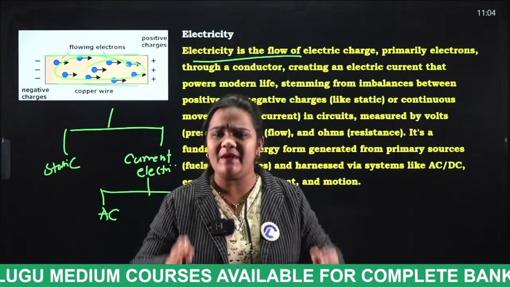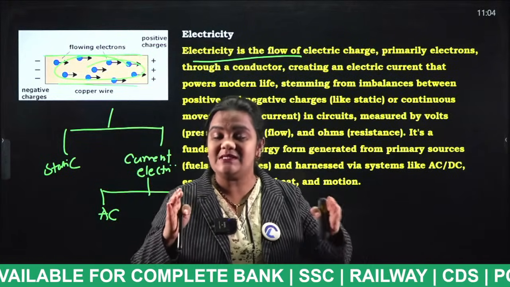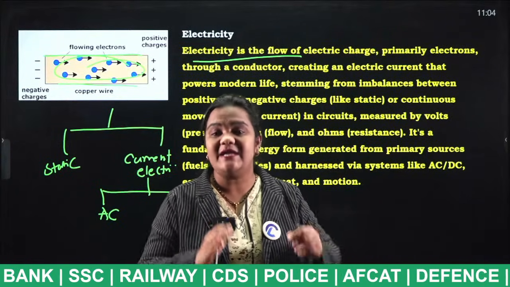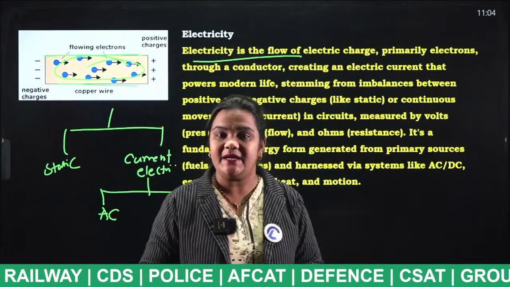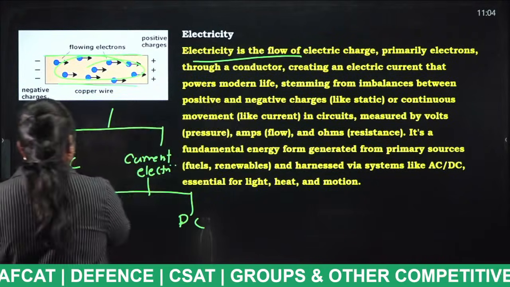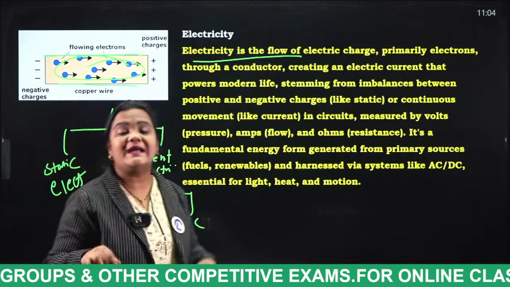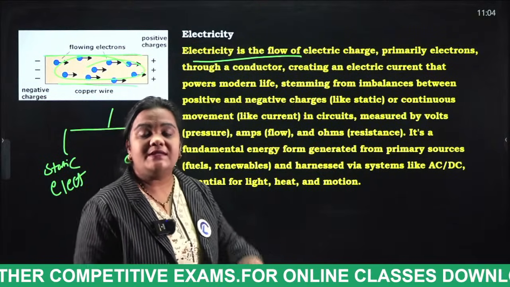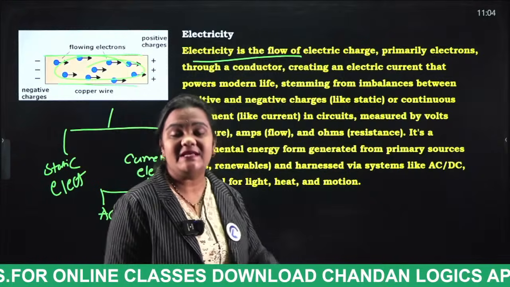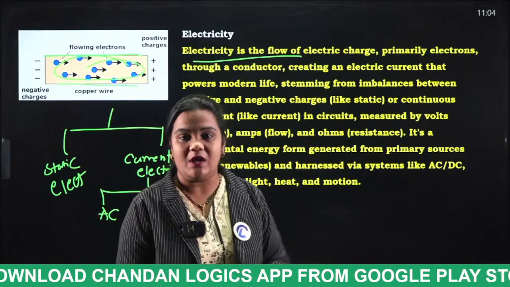Two dissimilar objects are undergoing friction, and electricity is generated there. That type of electricity is known as what, students? Static electricity. When two dissimilar objects undergo friction, the electricity generated through that friction is considered as static electricity.